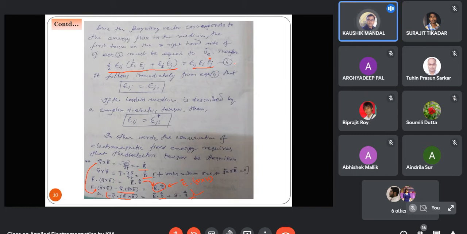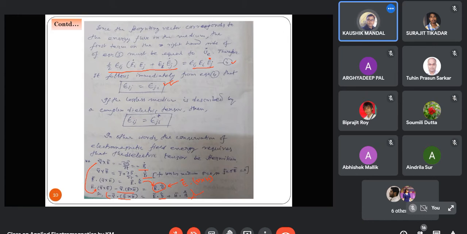So from this equation 4, this equation 4 will be true only when this particular condition is valid. It is epsilon_ij equal to epsilon_ji.